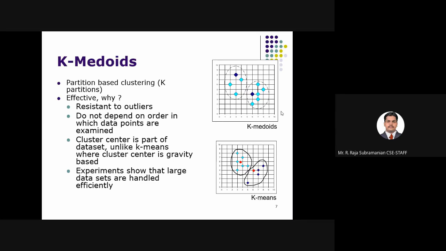For every possibility I need to find the dissimilarity measure, and I need to find the combination of 5 points which has the lowest dissimilarity. So it is highly complex. Each iteration needs to be done again and again with checking the dissimilarity. So k-medoids will not work well when the data set is very large.